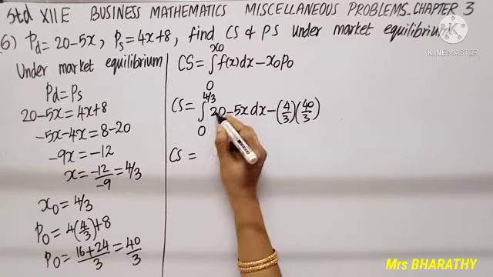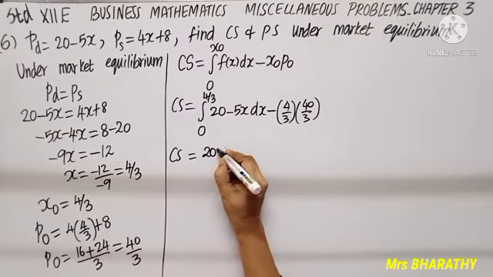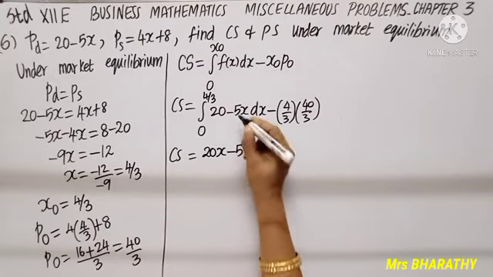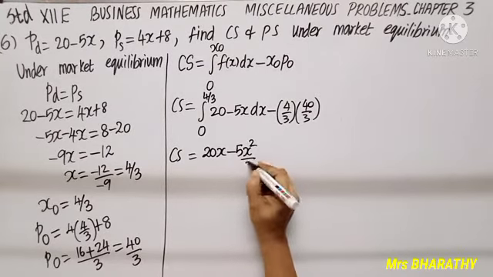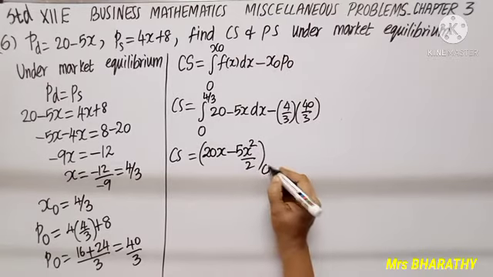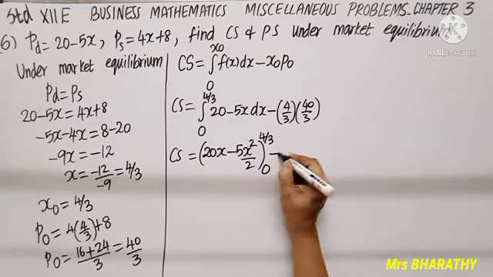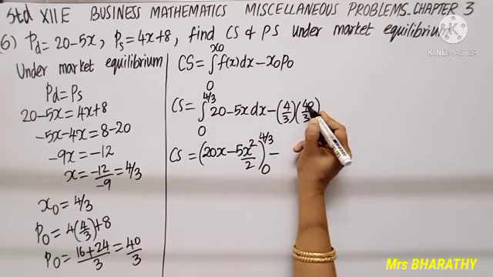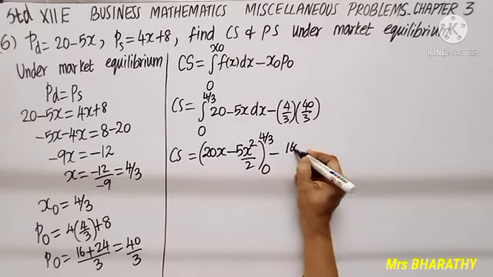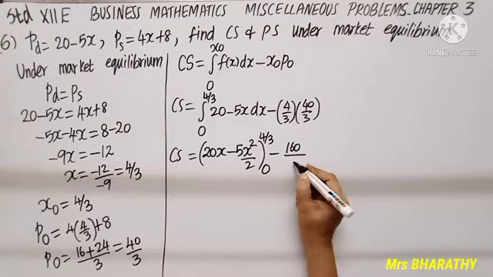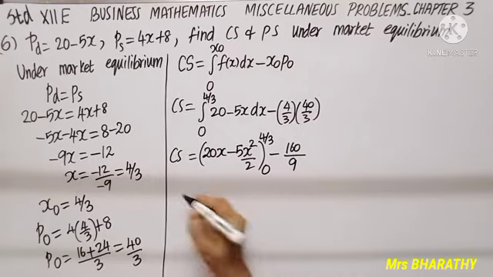As we integrate, 20 constant becomes 20x, minus 5x becomes 5x square by 2, between the limits 0 and 4 by 3, minus 4 into 40, 160 divided by 3, 3s are 9.